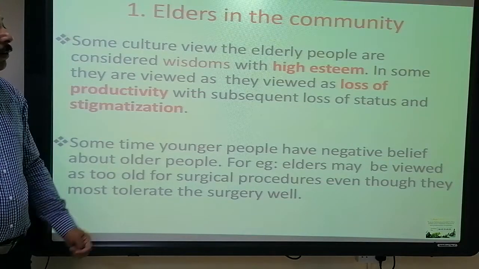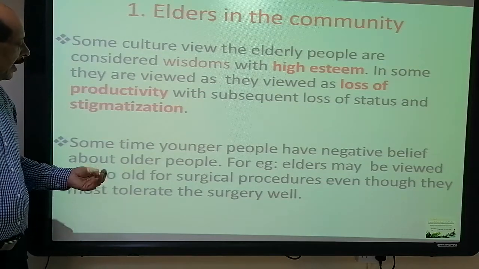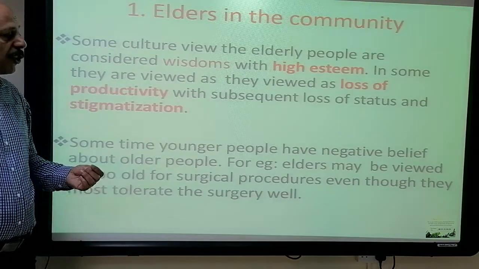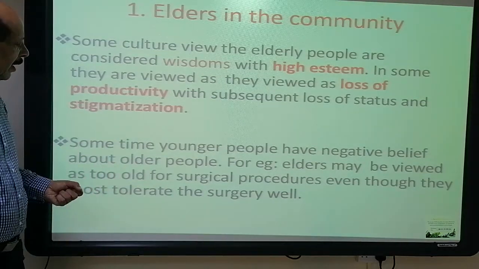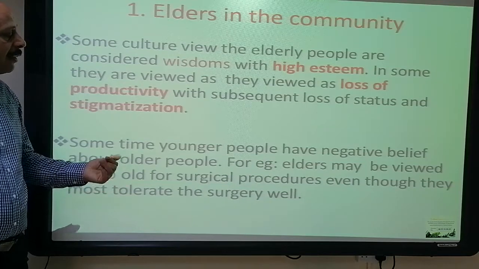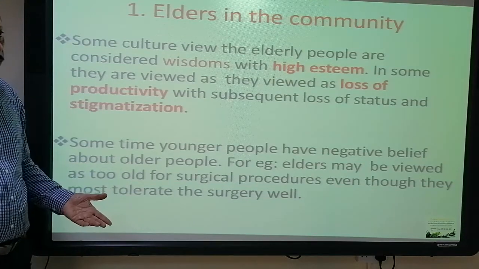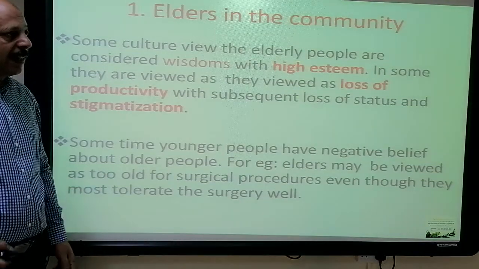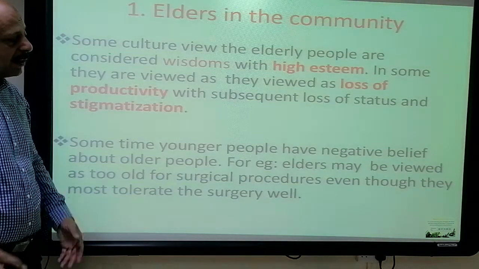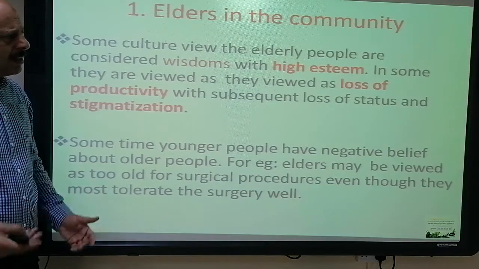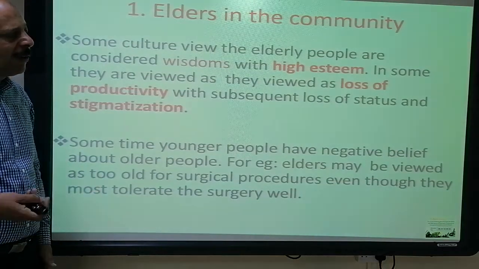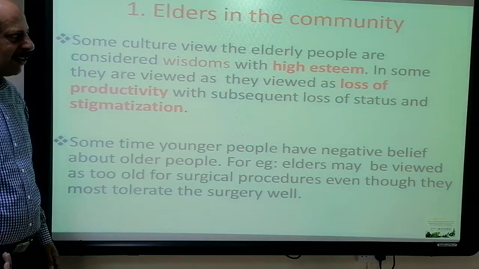For example, an elder may be viewed as too old for a surgical procedure, even though most of them tolerate surgery well. So even if their body can tolerate surgery, they consider that surgery cannot be done for them because they are getting old, and what's the benefit of doing this surgery on them?